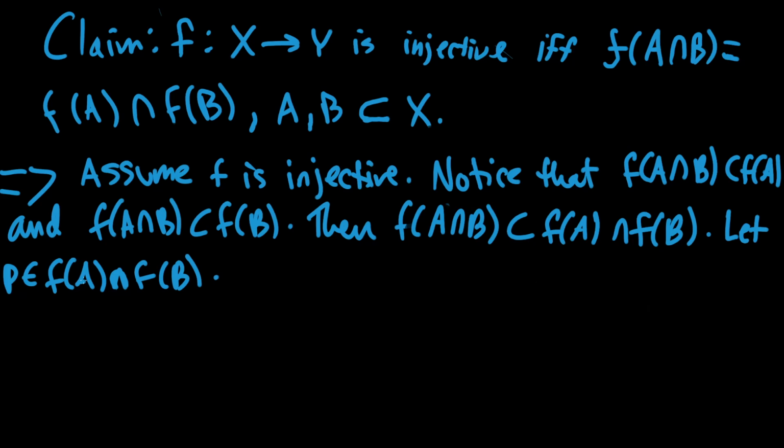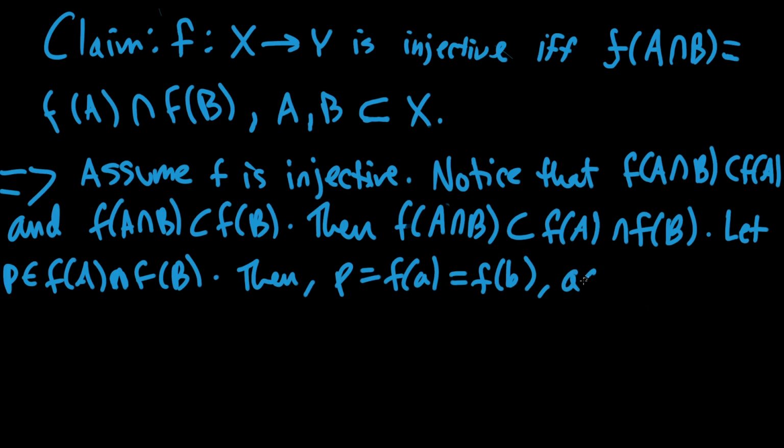Well, this means that p is the image of some element in A and the image of some element in B. So we'll say then p equals f of a equals f of b, where lowercase a and lowercase b are elements of uppercase A and uppercase B. Perfect. So this is just saying that p is the image of some element in A and the image of some element in B.